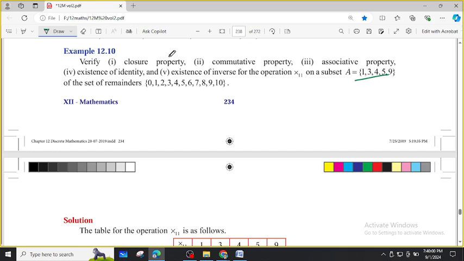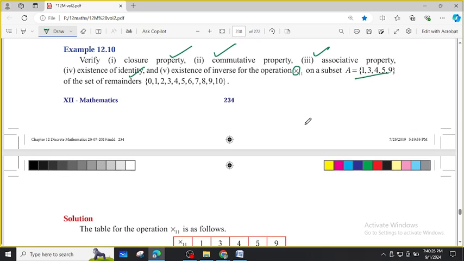So it is closed, associative, commutative. The additive identity is 0, whereas for multiplication, 1 is the multiplicative identity. Now in that we take only a subset. Verify all the properties for the subset 1, 3, 4, 5, 9.